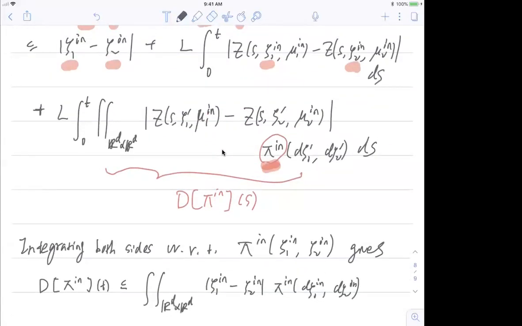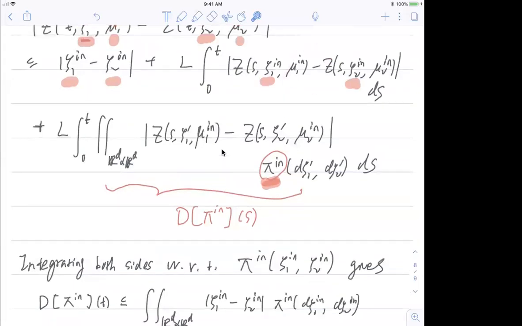This term doesn't change, the last term is just L times this, but this term changes. We integrate with respect to this variable, xi 1 initial, xi 2 initial, so we end up with this d pi initial again.